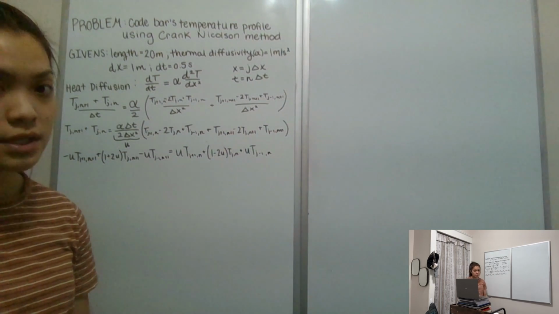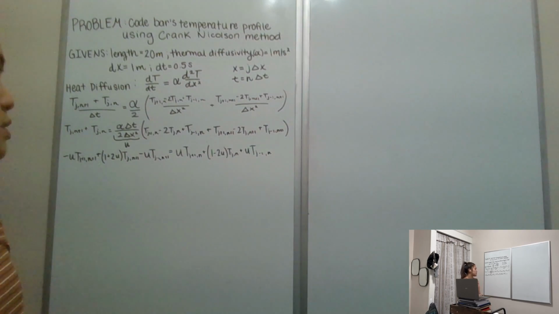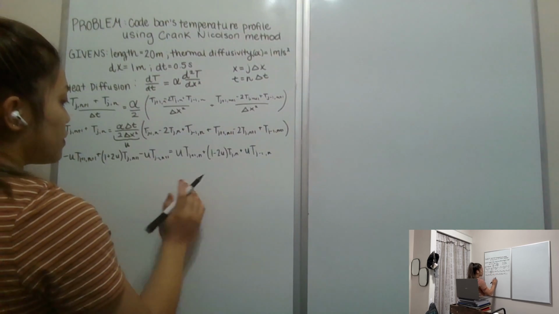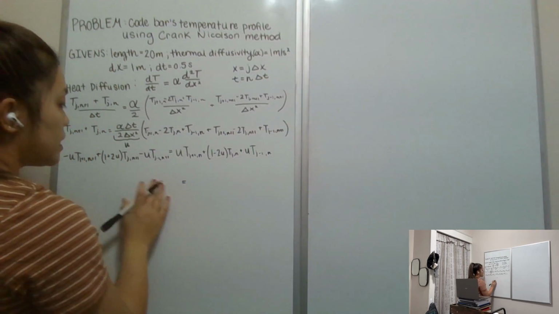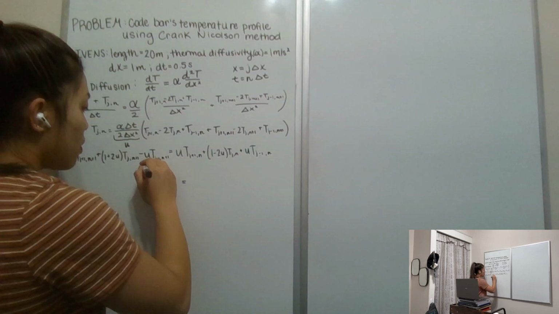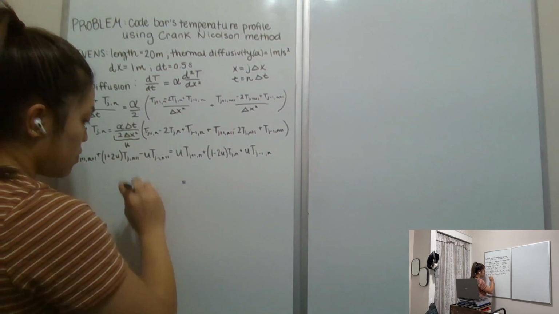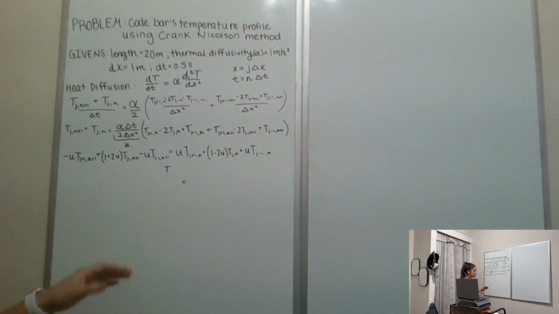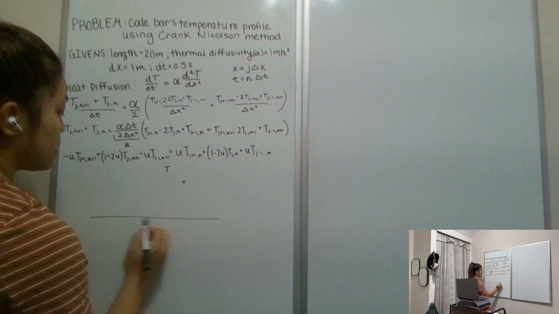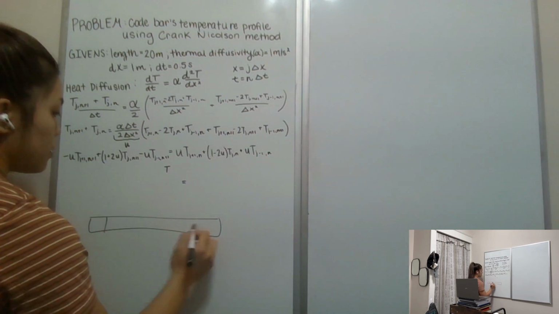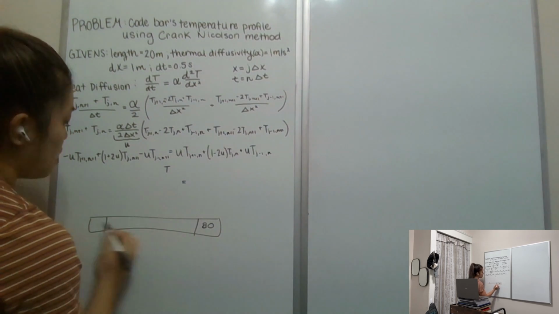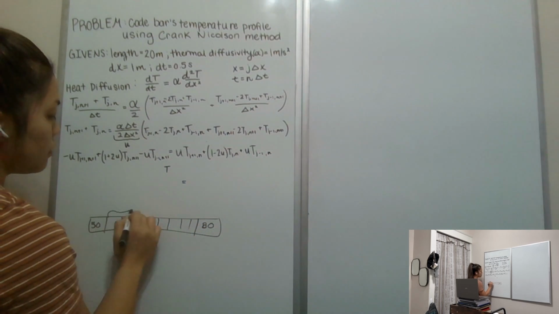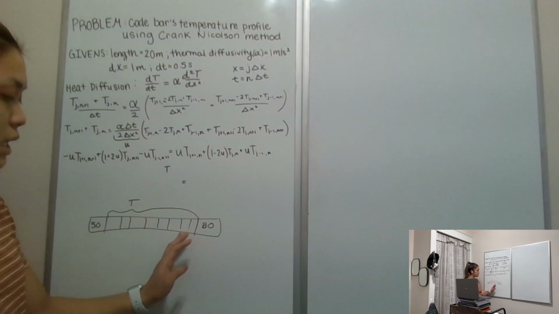What we can actually do is create a matrix, and this matrix is what we'll be using in our code. And so we'll start with the left side here. So we'll have the temperatures. In the problem statement we are given a bar with known values on either side, and then the increments in between.